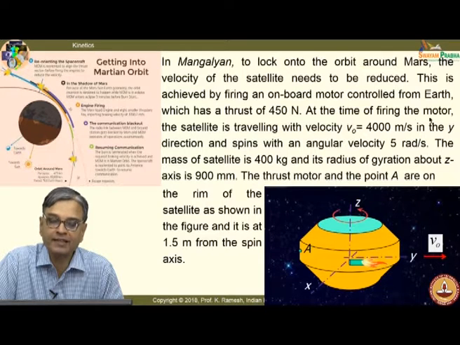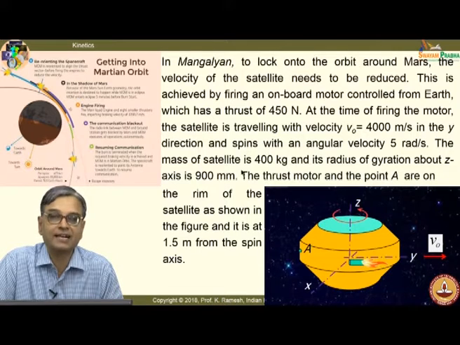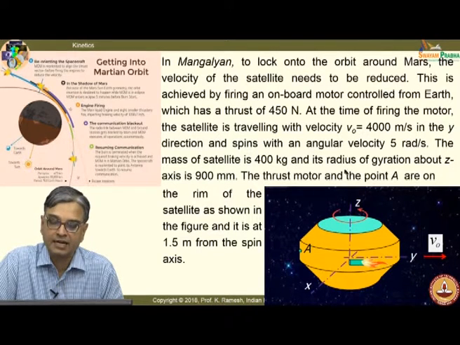At the time of firing the motor, the satellite is traveling with a velocity of 4000 meters per second in the y direction and spins with an angular velocity of 5 radians per second. The mass of the satellite is 400 kilograms and its radius of gyration about the z axis is 900 millimeters. The axes are shown already in the problem.